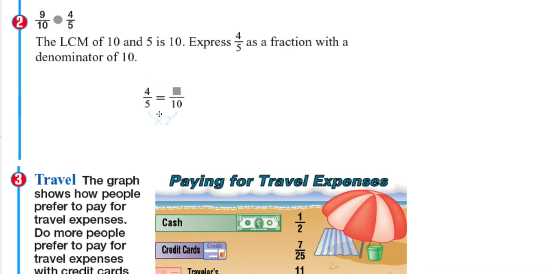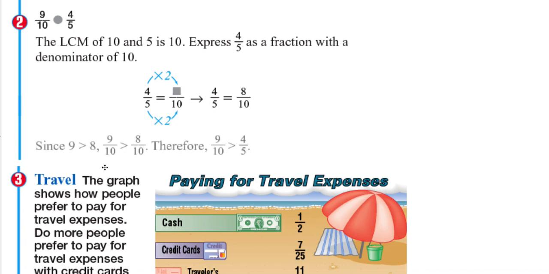We multiply 5 by 2 to get to 10, so we need to multiply the numerator 4 by 2 as well. We end up with 8 over 10. Since 9 is greater than 8, 9 tenths is greater than 8 tenths, so 9 tenths is greater than 4 fifths.